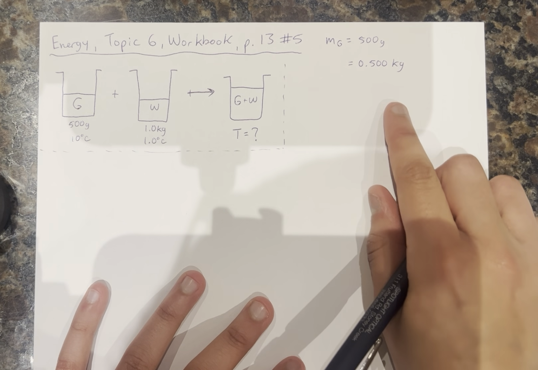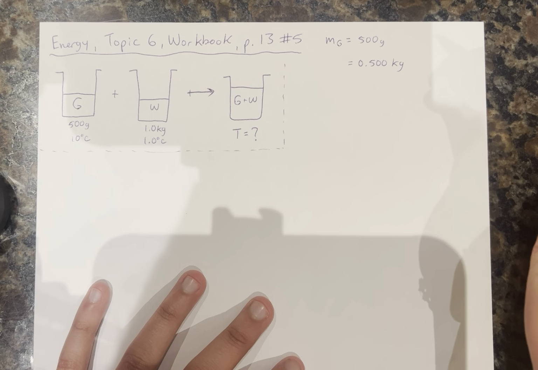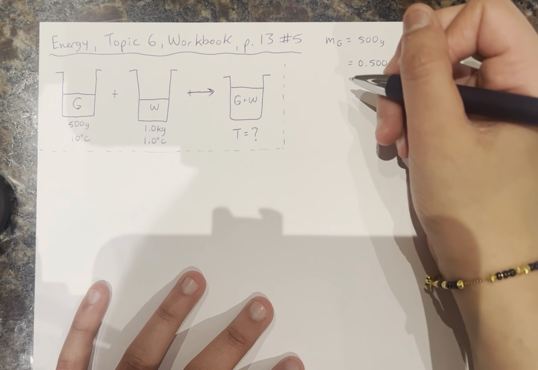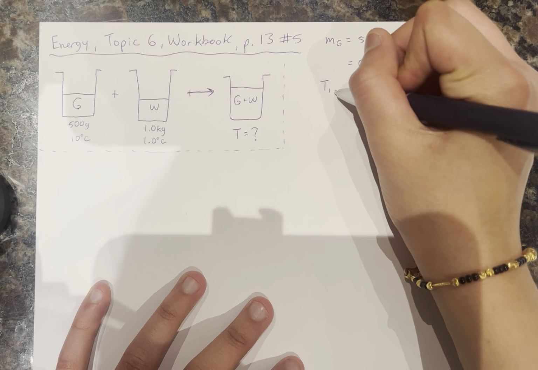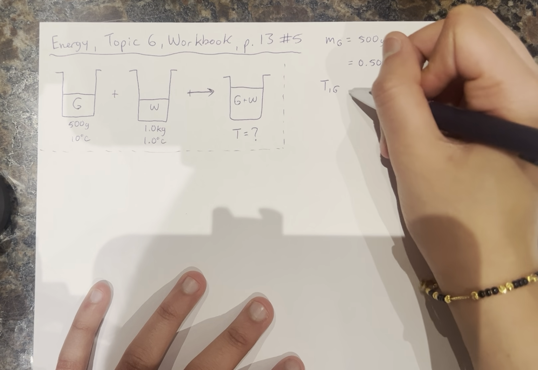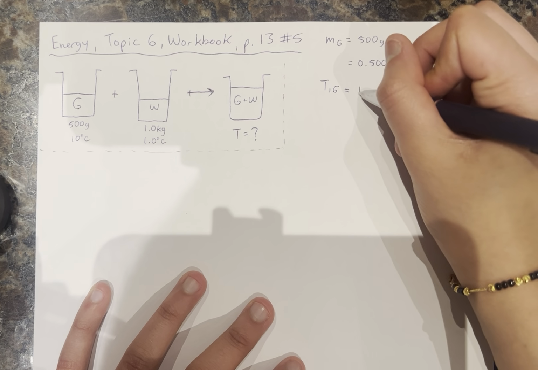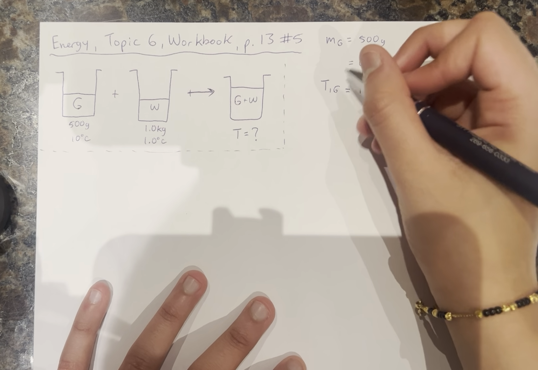The reason we want to do this is because all of our questions are done using kilograms, and if we do it in grams, we're not going to get the right answer. The question also tells us the initial temperature of the glycerin, T1G, which is 10 degrees Celsius. It also tells us the heat capacity.